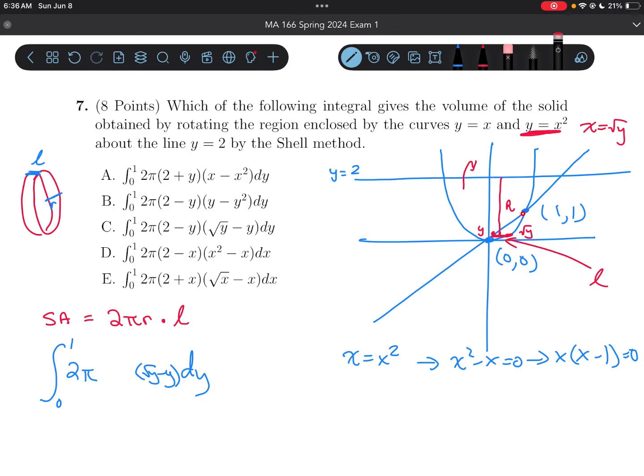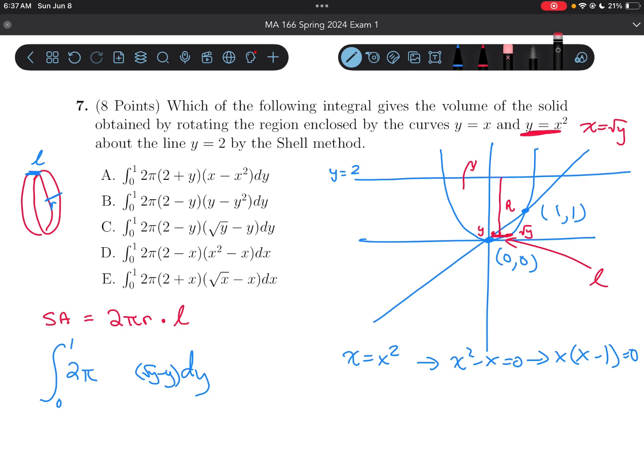This is y equals x. We can't just use x squared minus x because our integrand is in terms of y. That's why we have to convert y equals x squared to a function of y, and that's why we convert it to x equals square root of y.